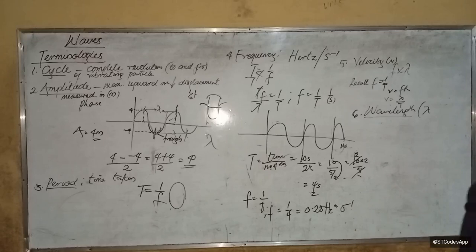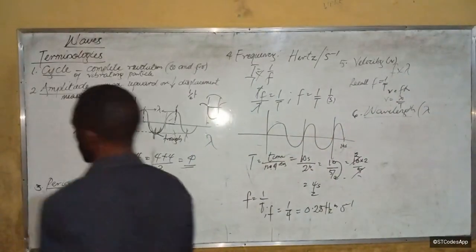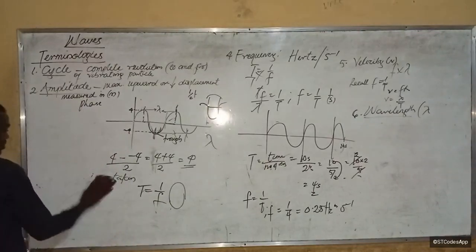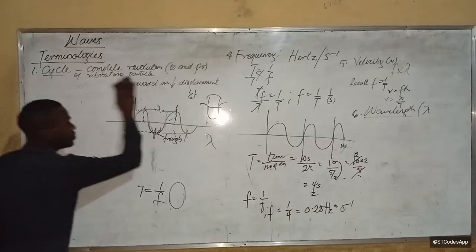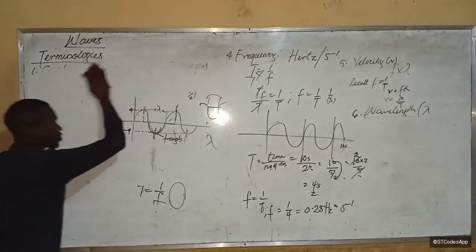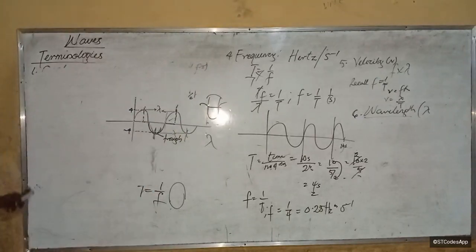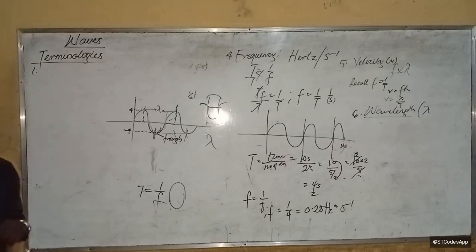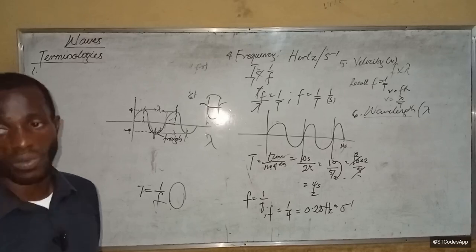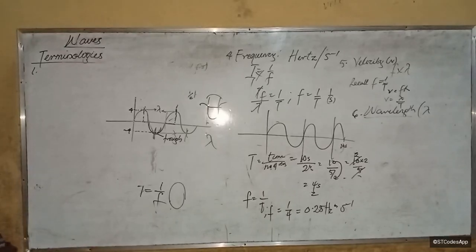Okay, give me phase. When two particles or 2 points on a wave have the same, we said that if two sides of the wave are said to be in phase, it means they have the same maximum displacement from the minimum point of displacement.